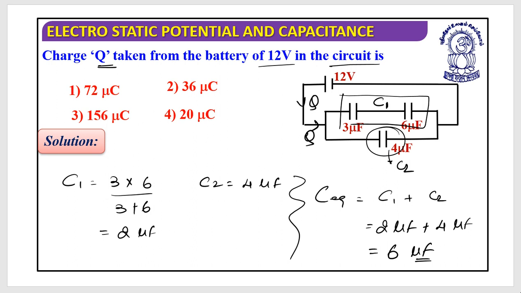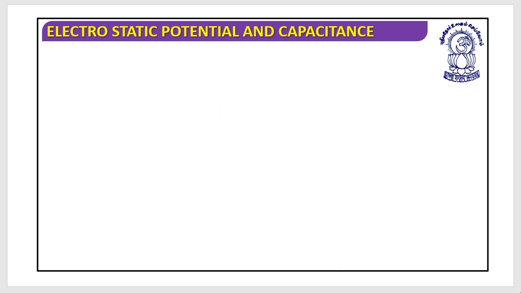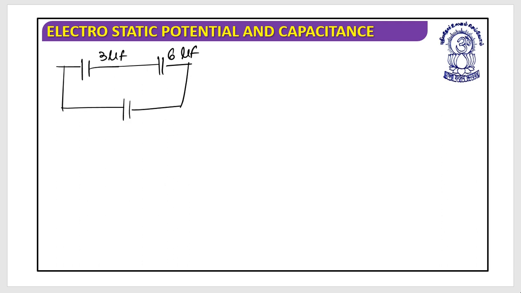So now let's find the value of the charge. What my data is given: this is the 3 microfarad, this is the 6 microfarad, and this is the 4 microfarad, and the battery is of 12 volt.